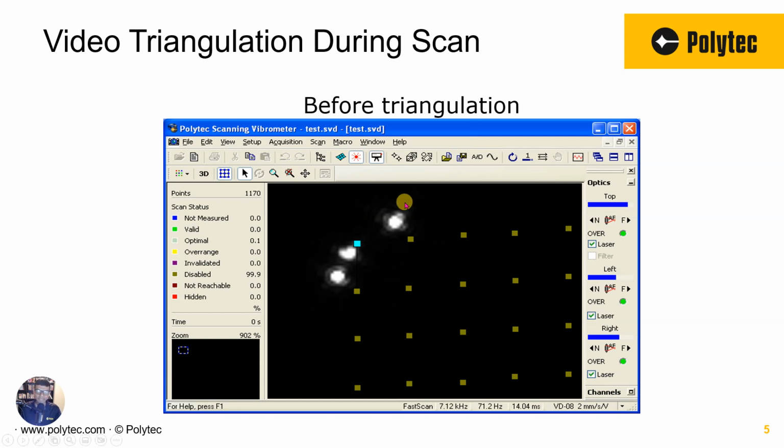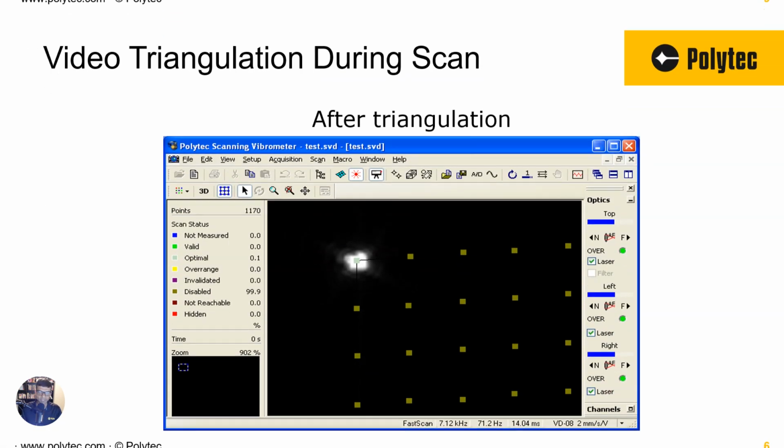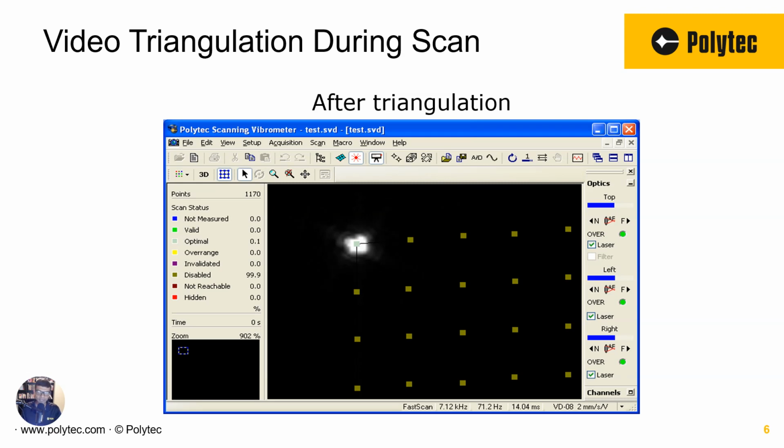So it's basically improving the coordinates of each and every point by merging those three beams, and you can see the change here, before triangulation and now after triangulation. What we are doing is looking at the pixel intensity and doing some image processing to make sure that the three beams merge on each other.